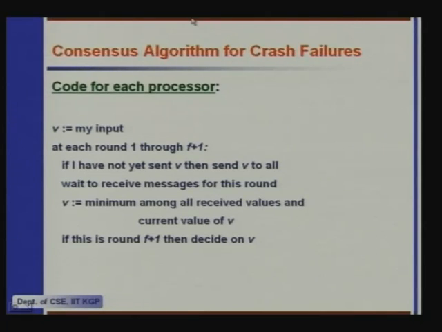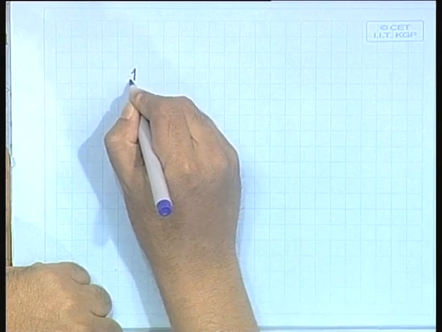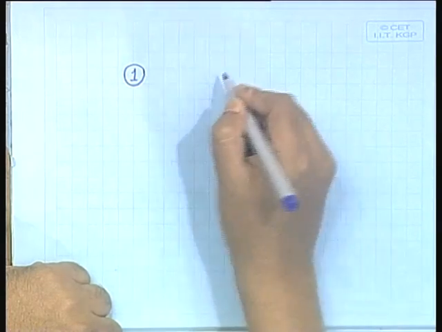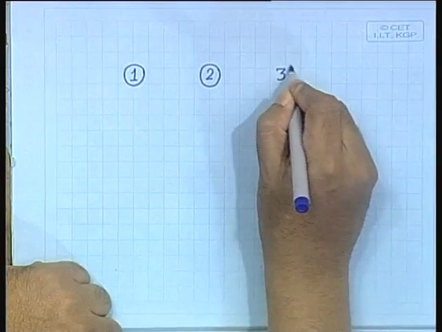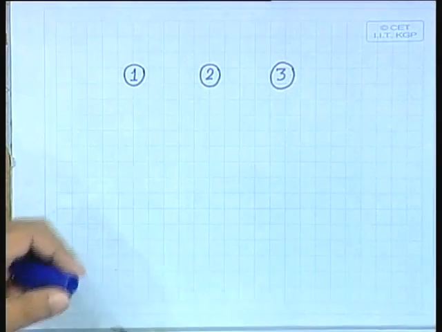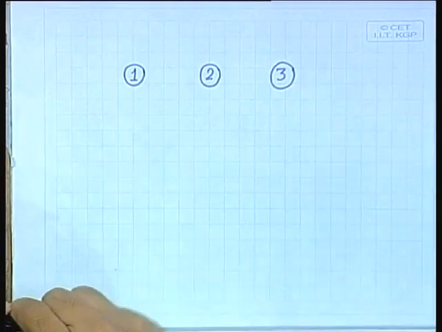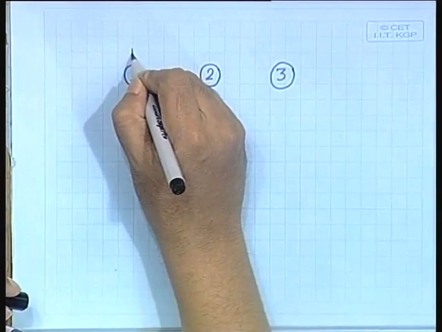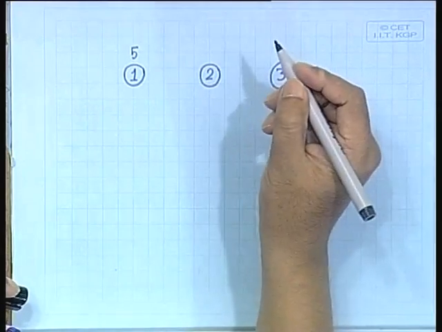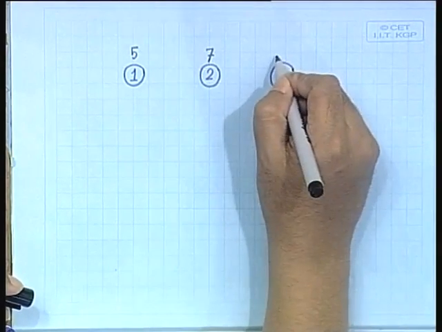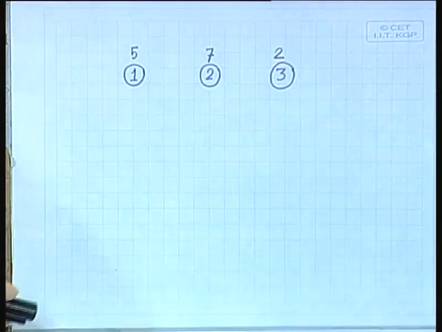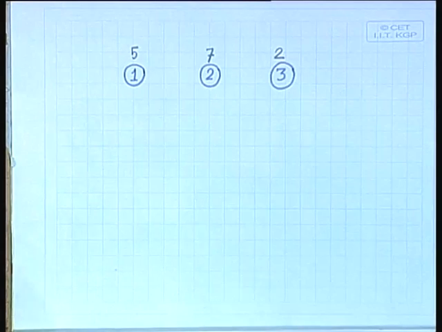So, let us see an example. I have these processes 1, 2, 3. This one has a value of, let us say 5, this one has a value of 7, this has a value of 2, initially.